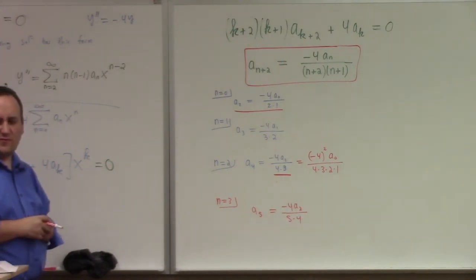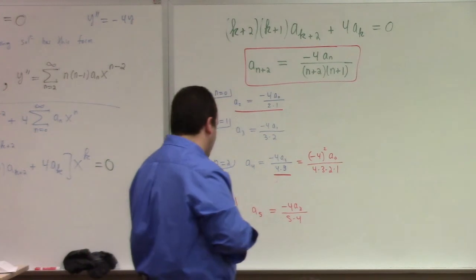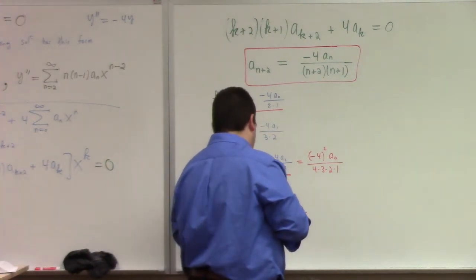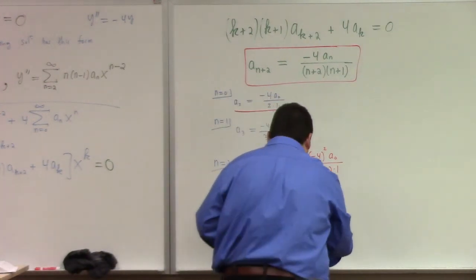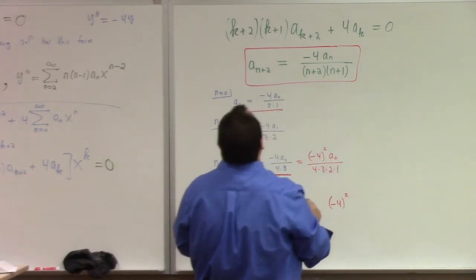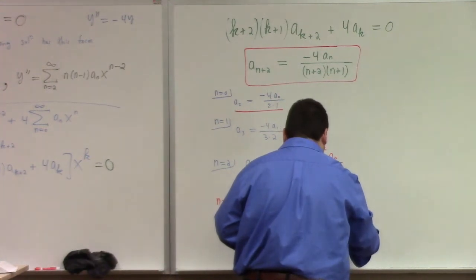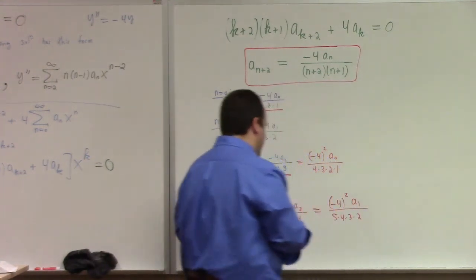Actually, that y prime prime minus 3y prime plus 2y may be unpleasant. Sorry about that one. Yeah, that was probably bad. Okay, so anyway, minus 4 squared, I think, a sub 1 over 5 times 4 times 3 times 2.